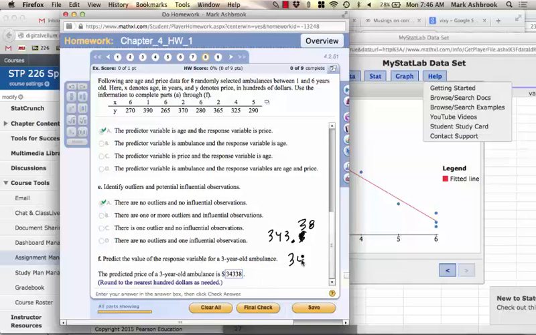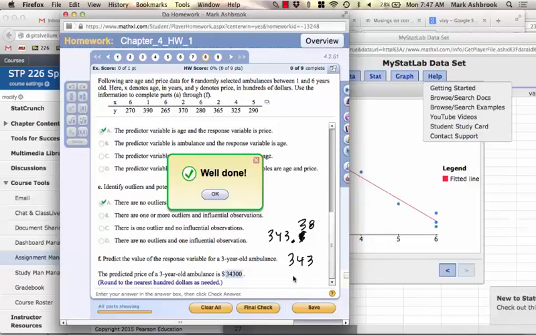So 343,100, but then do you have to put it in as a... But then it wants it in dollars. Final check. Whew. Okay. Yeah, so it's kind of a little tricky there. You have to round your values to the nearest $100, but then they want it in dollars when you put in your answer in dollars.